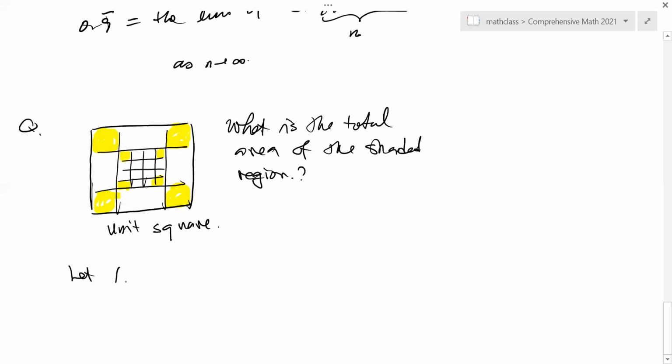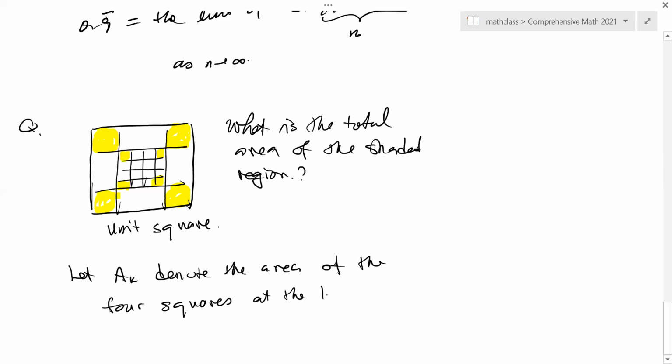We let A_k denote the area of the four squares at the kth step.